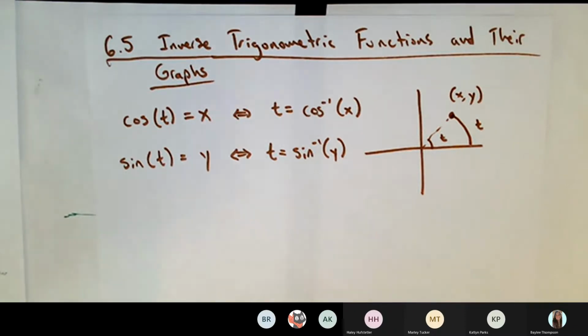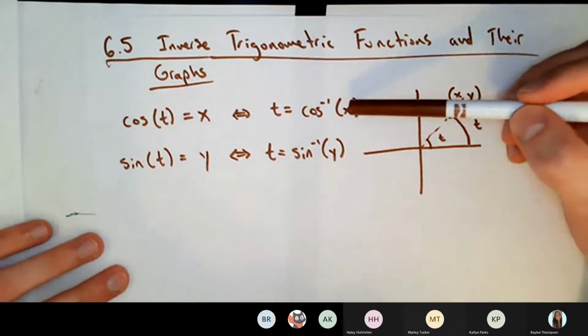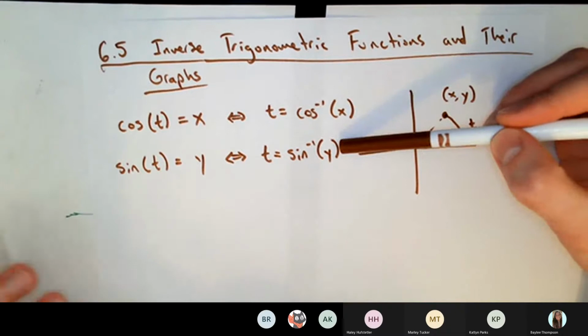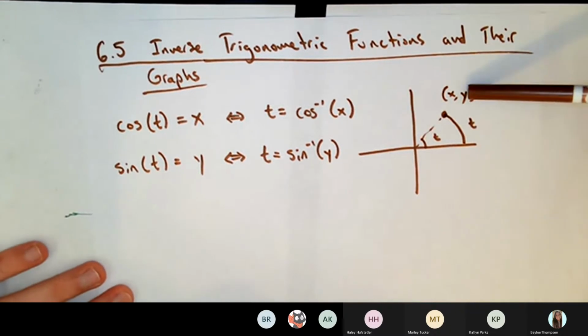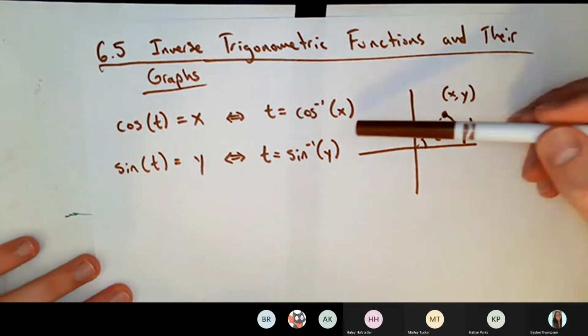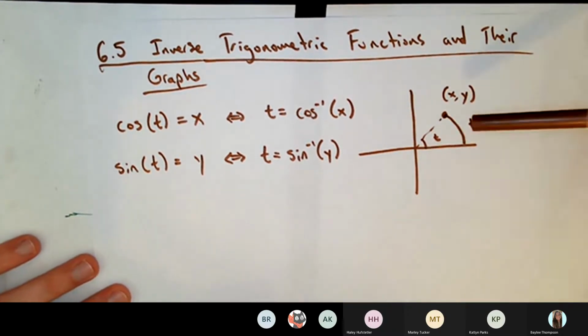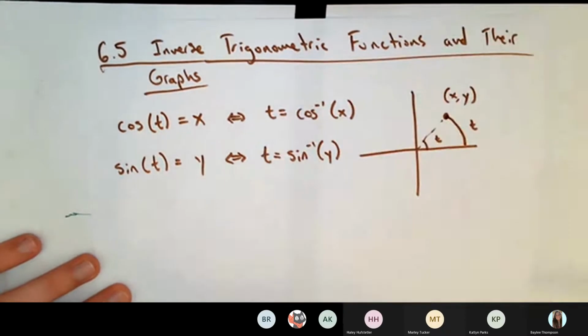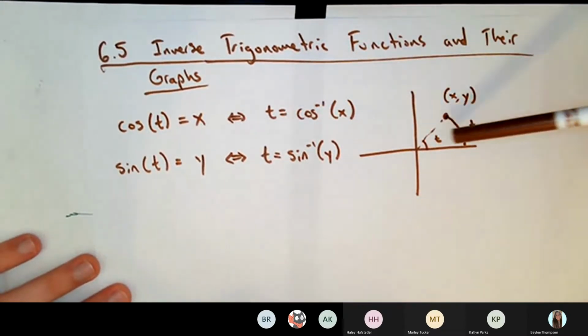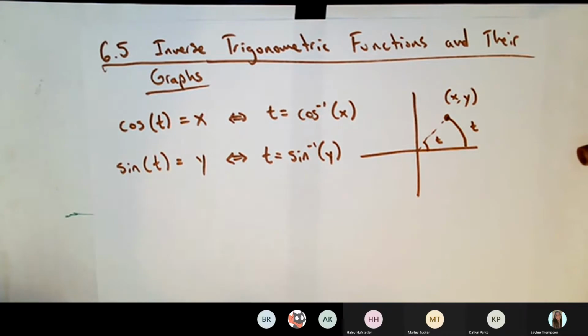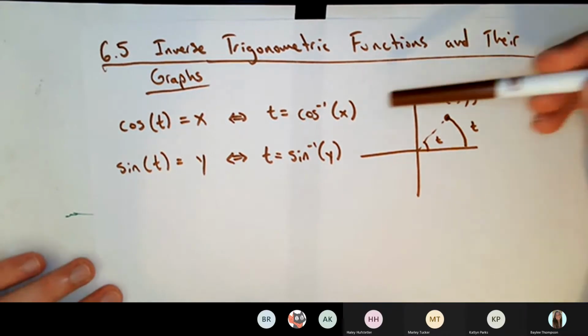In this notation, it's just inverse function notation. That little -1 means inverse function notation. So what we're doing is going from some coordinate point data, like an x coordinate or a y coordinate, and we'll also be given data about what quadrant we're in. We'll have to be given that as well. Then we can find the arc length or angle subtended by, or rather where, that terminal point is.